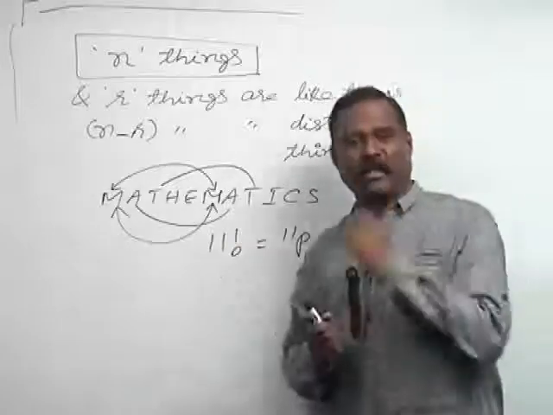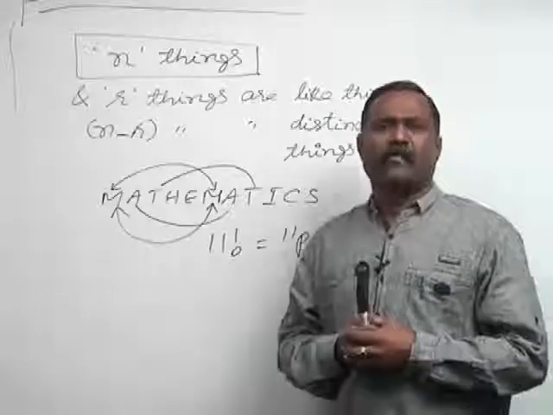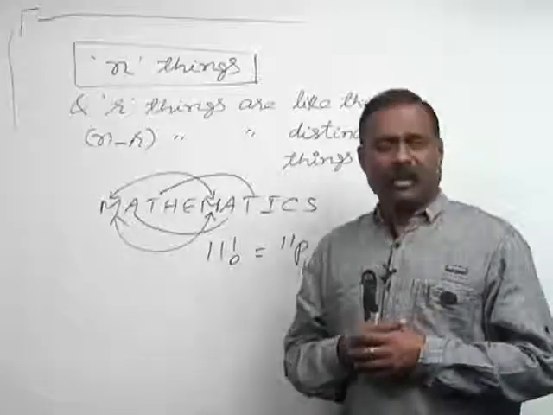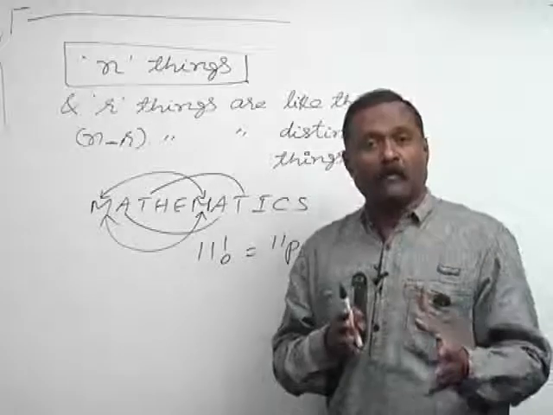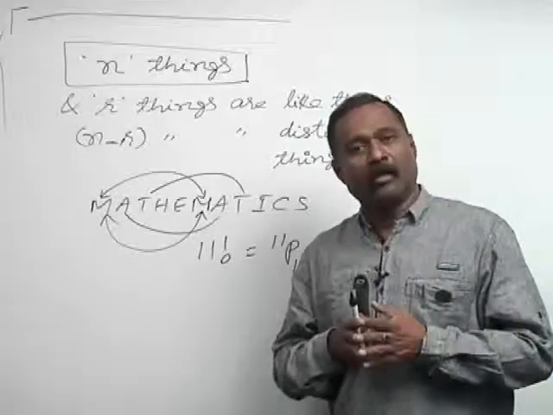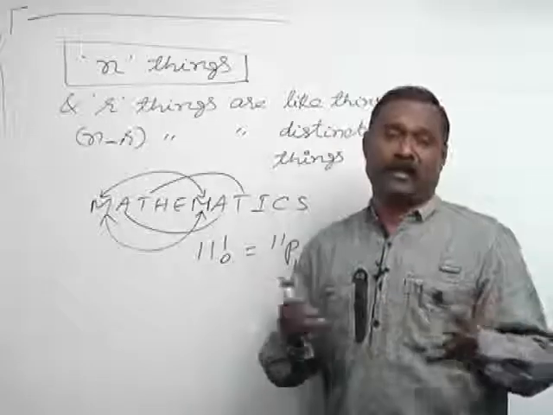Like things means, for example, all the bananas are like things. Generally, in nature, whatever is created by God can be taken as different things.